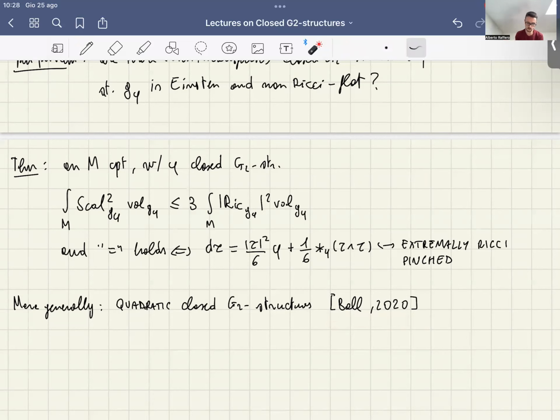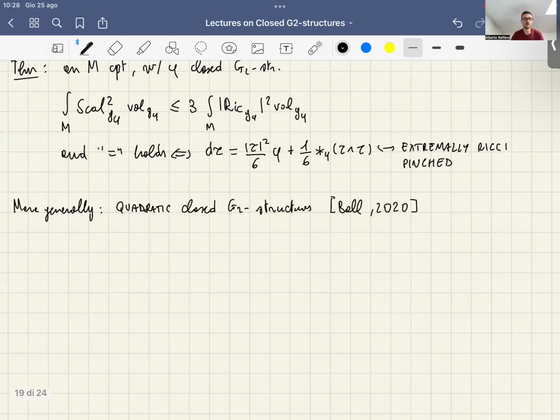Okay, so this is what I wanted to tell you about curvature properties of closed G2 structures. And this is what we know. There are also some extra properties proved by Clayton and Ivanov. And if you're interested in reading them, you can refer to their paper.